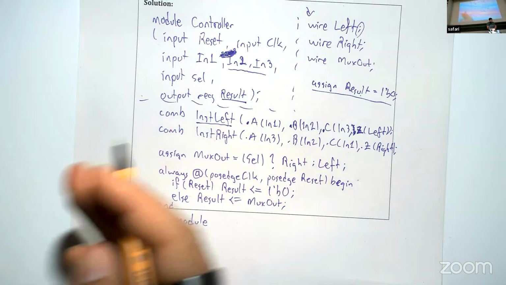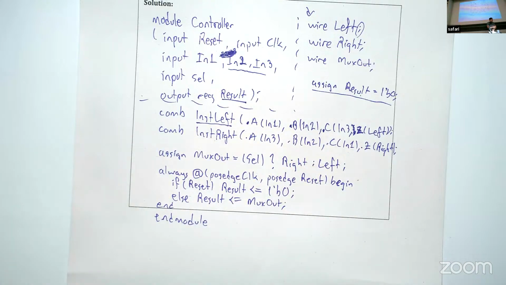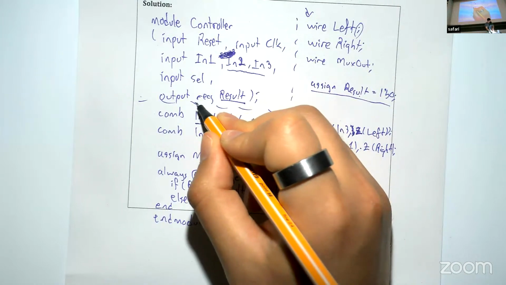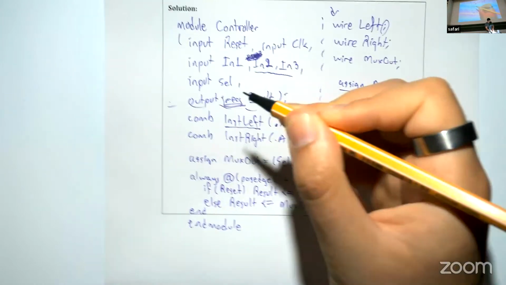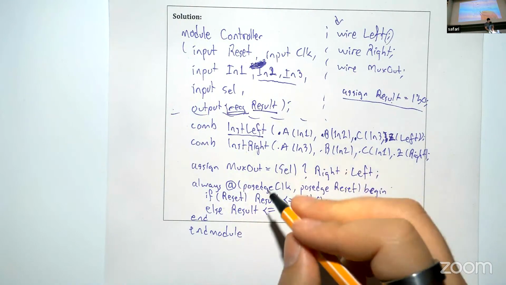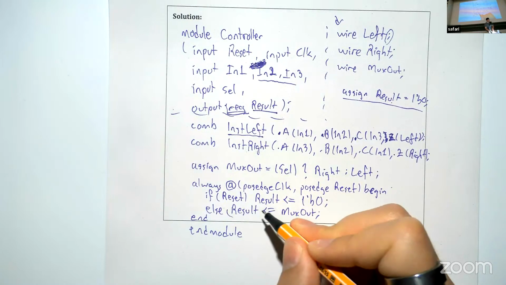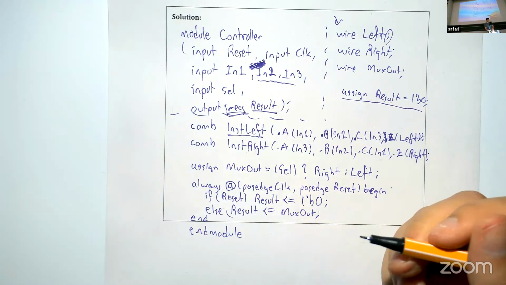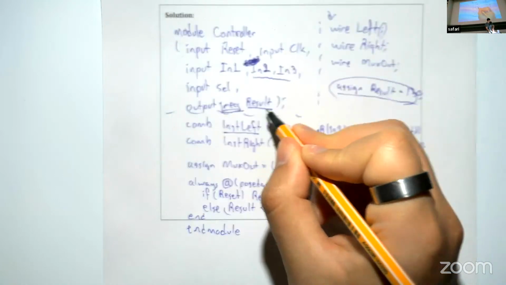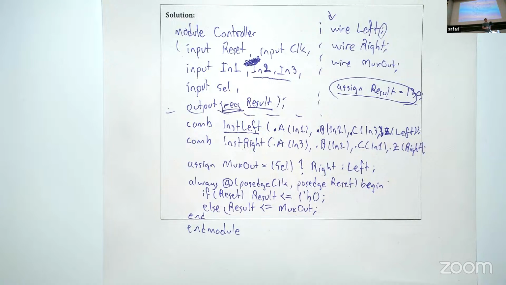I cannot understand this question. So if you define the result as a register, are you allowed to not have any assignment to it in an always block? Which should be yes, but you cannot do this also if you have defined result as a wire. Sorry, as a register.